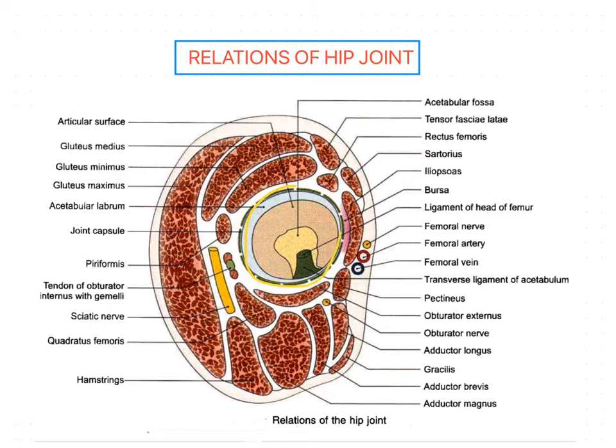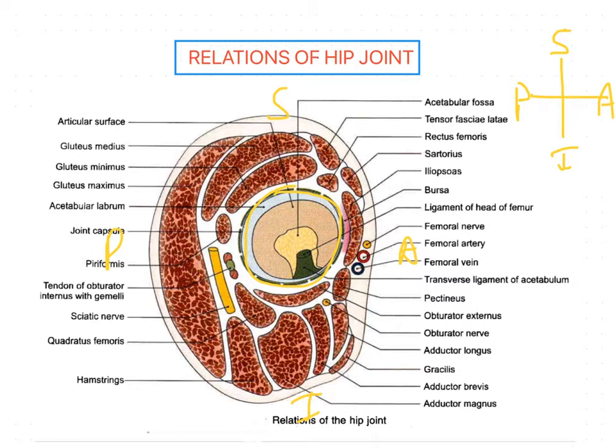So this is the hip joint, the central part, and this hip joint has anterior relations, posterior relations, and then superior and inferior relations.